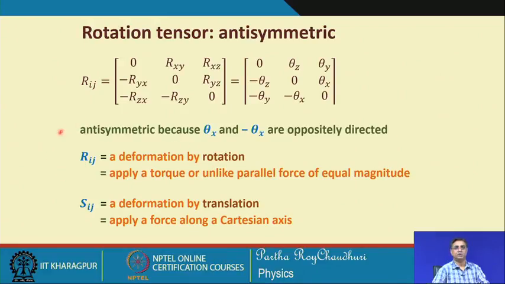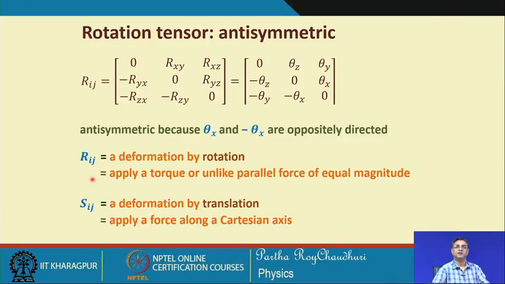To visualize that, to obtain that, one has to apply a torque or unlike parallel forces of equal magnitude, which will create a rotation, and a deformation that occurs by translation. To get that, one has to apply a force along the Cartesian axis. So, a torque is required to create a rotation, and for a translation, a linear force is to be applied along the Cartesian axis.